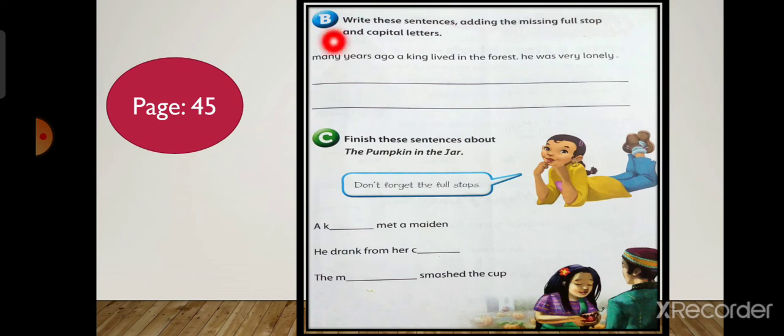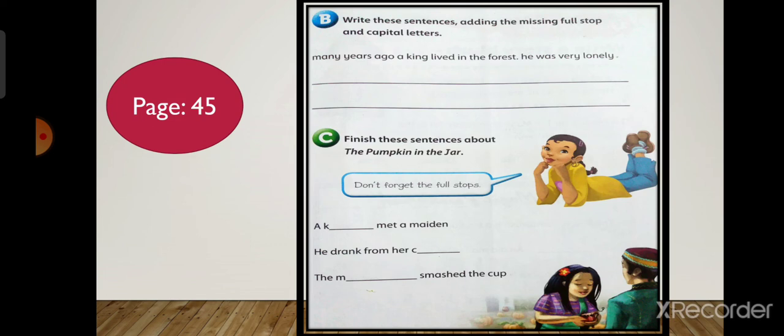Read the question with me. Write these sentences, adding the missing full stop and capital letters. Many years ago, a king lived in the forest. He was very lonely. Yes, you have to add missing full stop and capital letters, and you will rewrite the sentence on these 2 lines.